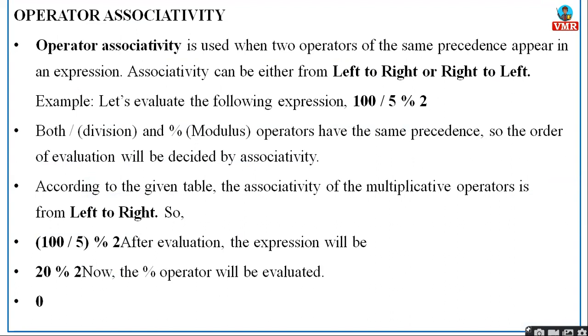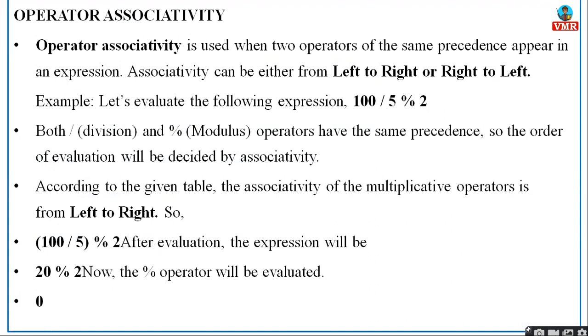So I consider the left part and the right part. 100/5, what is the answer? I get 20, and 20 modulus of 2 gives the value 0. In this format, the expression will be evaluated by considering the associativity.